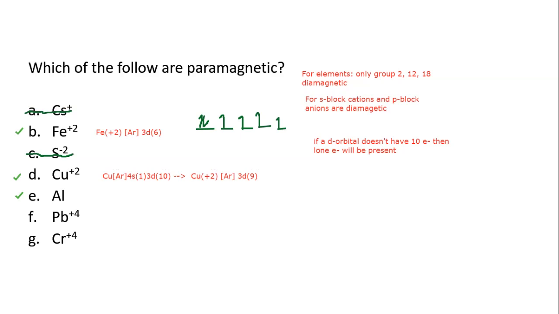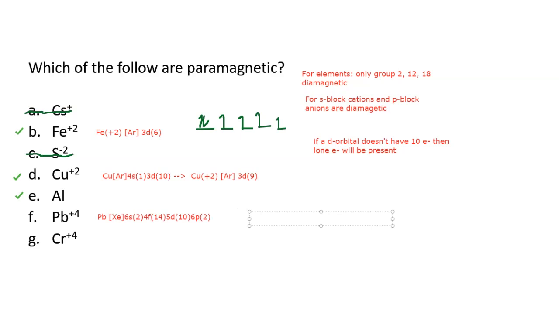Next we go to lead 4 plus. So we know lead is going to be xenon 6s2 4f14 5d10 6p2. And so lead 2 plus, we remove from the highest orbital first, which is 6p.